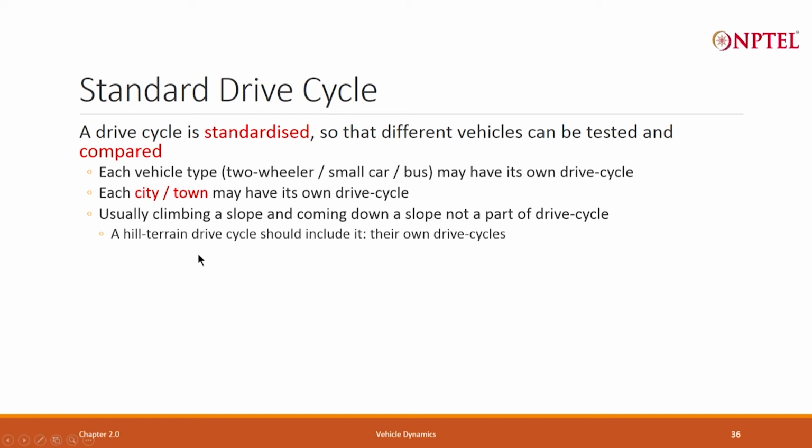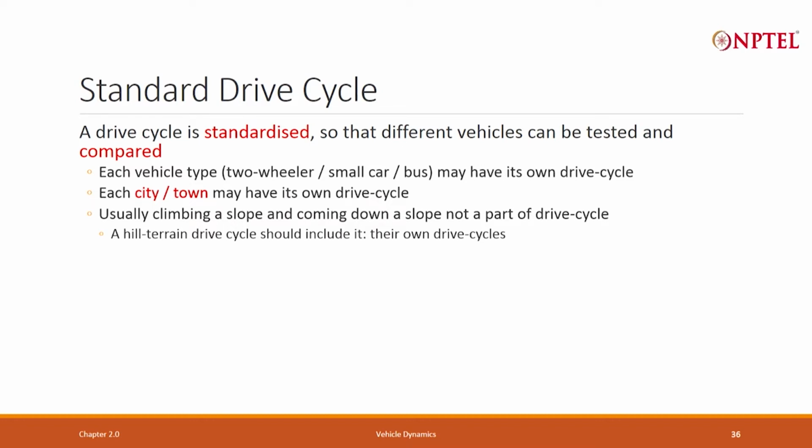Usually climbing up or down a slope is not standardized in a drive cycle, but if you are driving a vehicle in a place like Trivandrum, which has huge slopes going up and down most of the time, it does not make sense to have a drive cycle on a flat road.